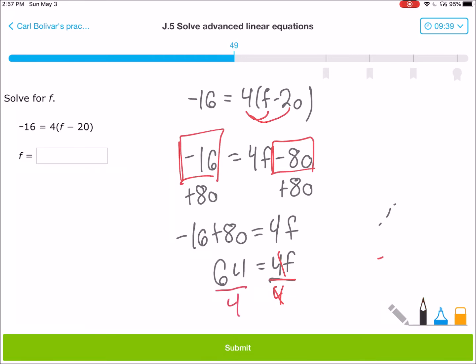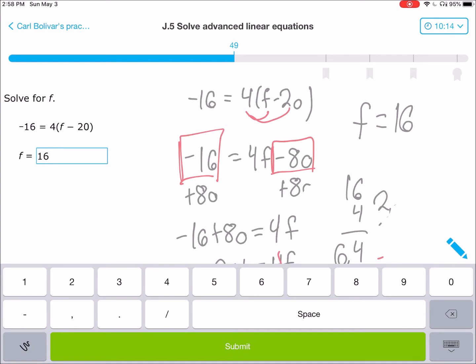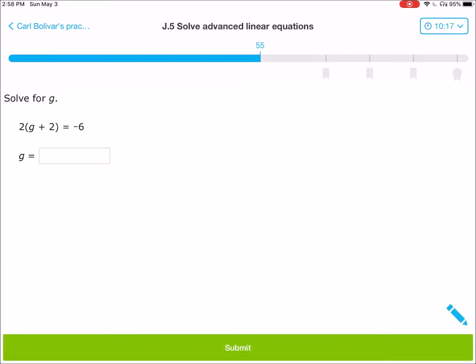And what this should give us is f is equal to 64 divided by 4, which is 16, I think. Yeah, 64. So our answer is 16. Put 16 as our answer. Great.